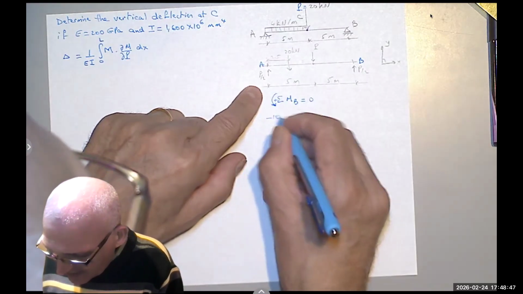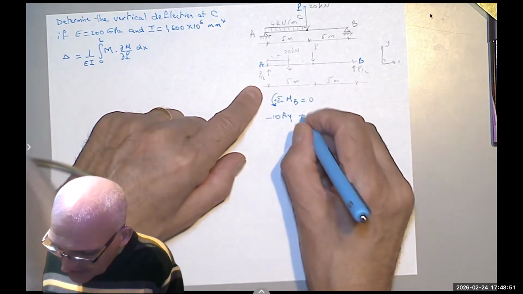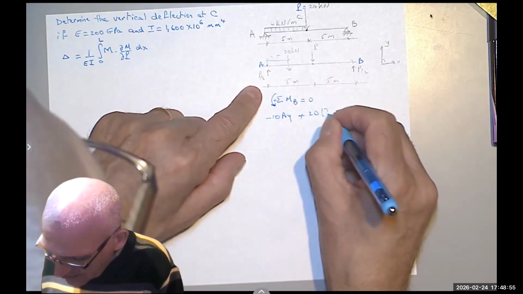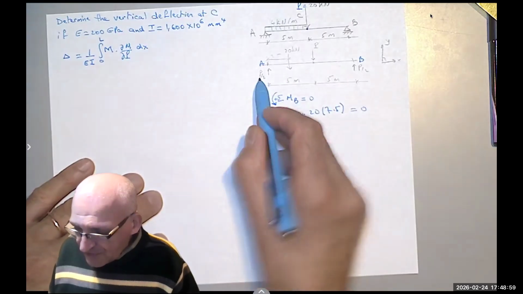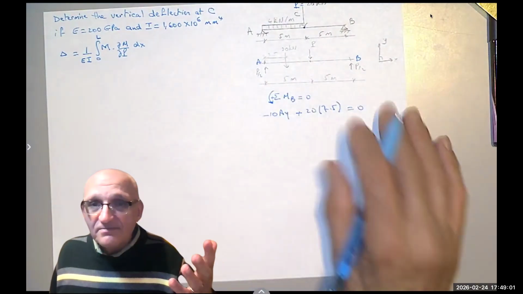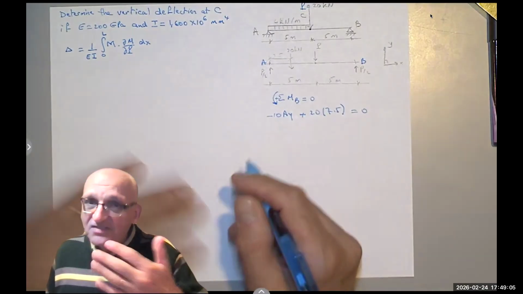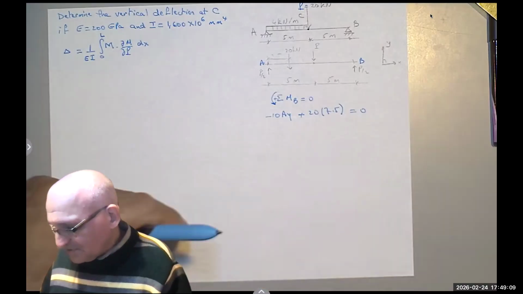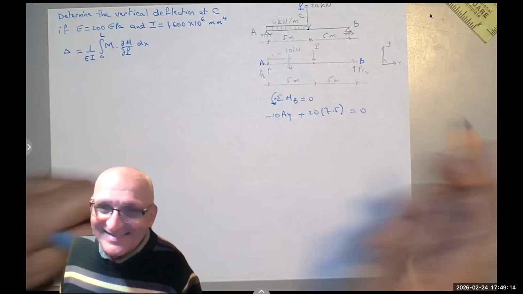So negative 10 AY plus 20 times 7.5 equals 0. You say, where is P over 2 and P? I told you, ignore them. If you don't want to, just add two terms and see what you get at the end. If it's different from what I get, just drop me a line and say, oh, you messed up, it should be this and that.